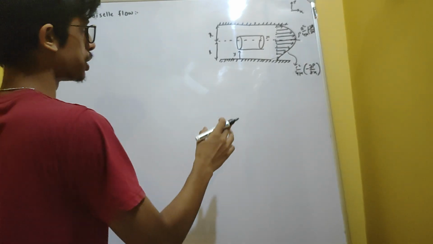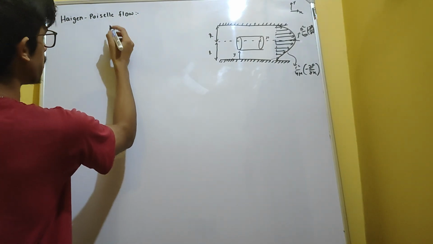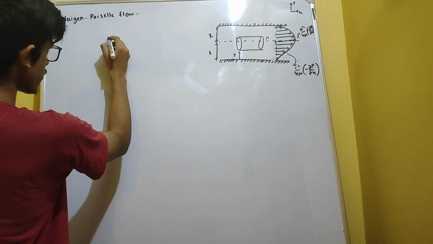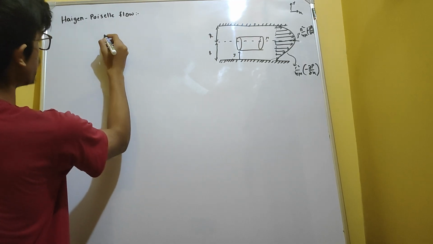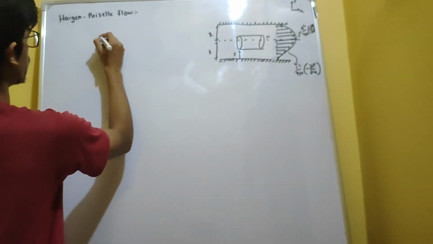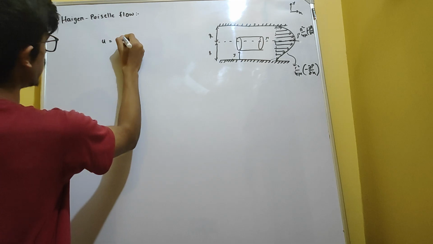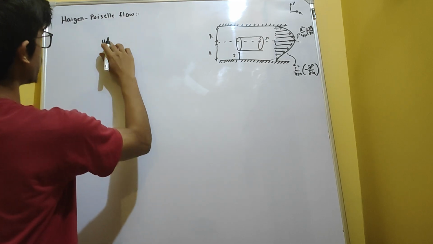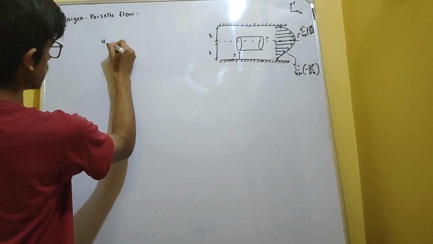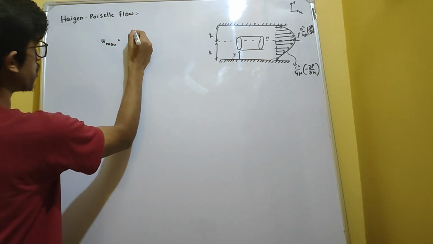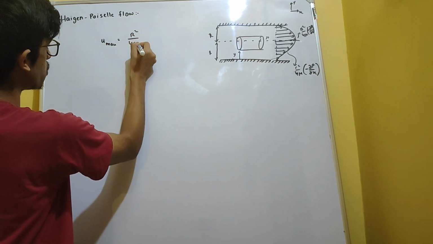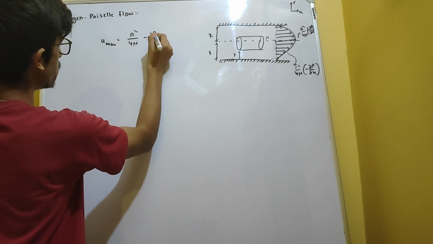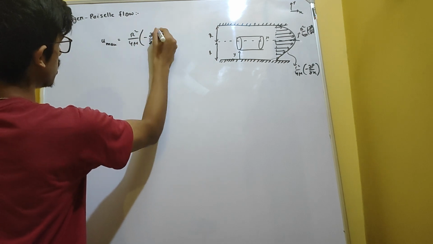Now for the pressure variation, we have the equation of velocity distribution, where the maximum velocity u max will be r square by 4 mu, negative dou p by dou x.